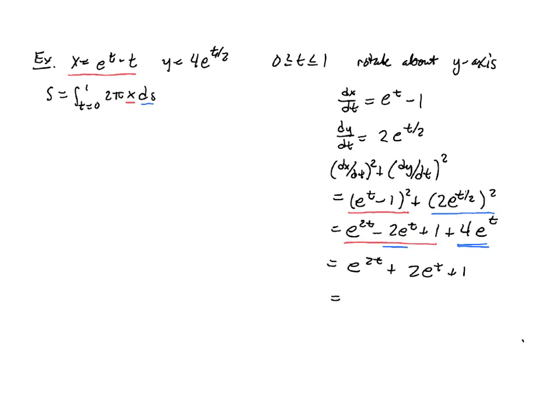And if you remember back to when we did arc length and surface area formulas like this, you would get some nice cancellation that allowed you to rewrite the ds formula in terms of a perfect square. So in this example we have exactly (e to the t plus 1) squared.